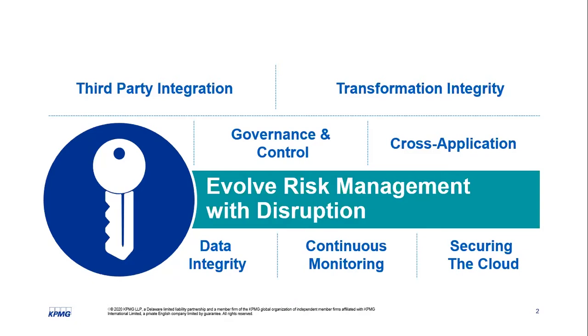Because, like I said, just alone the security structures and all the different applications, and how do you handle that? So we've got a lot of third-party integration in the systems. We've got a lot of transformation integrity as people go through these changes.